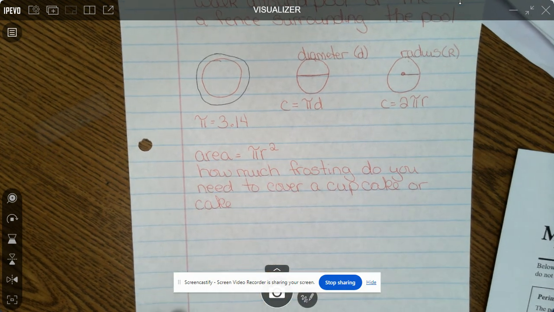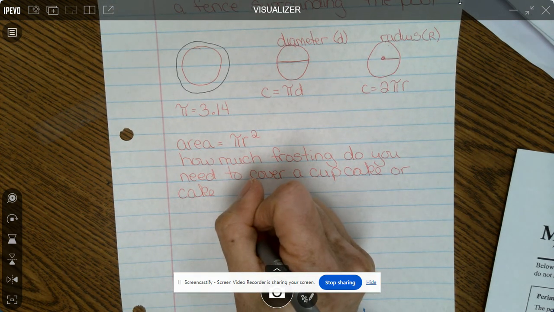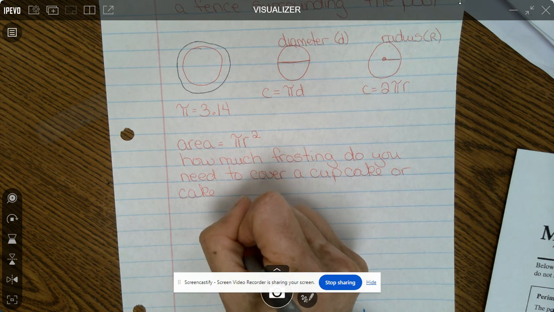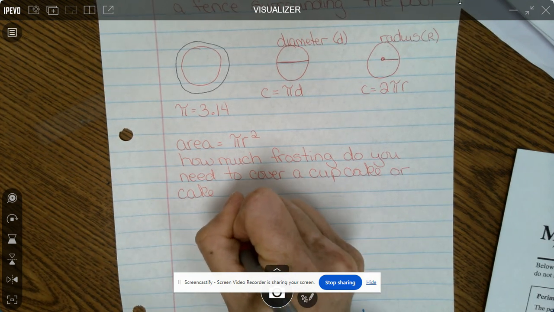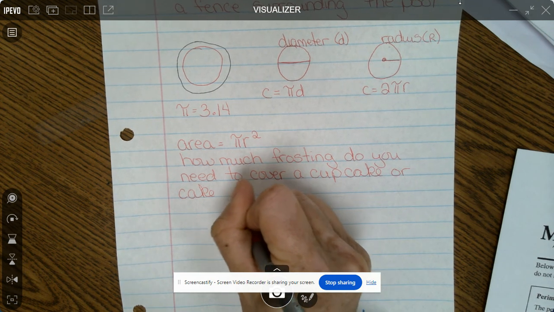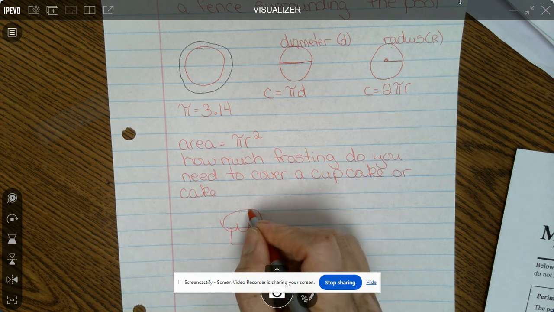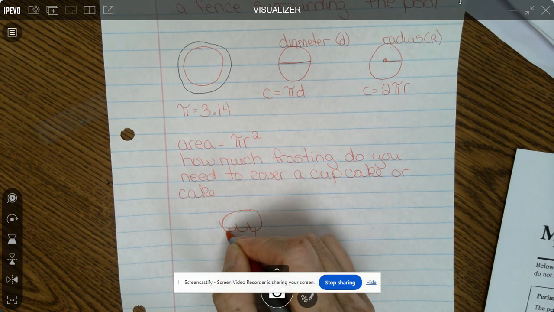It wouldn't make sense to just put topping around the outside of the cupcake, would it?